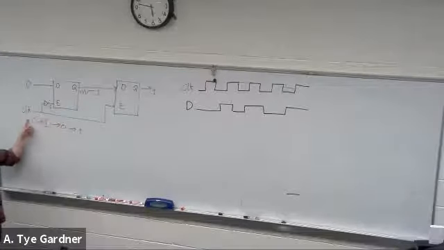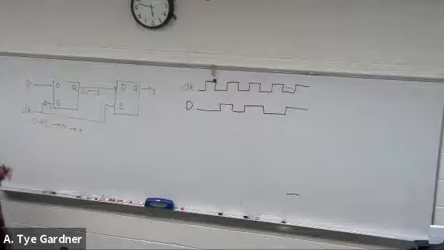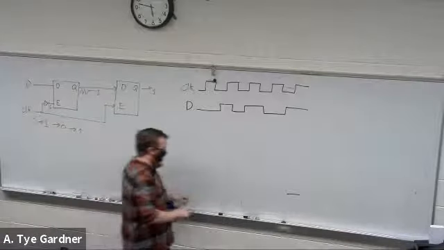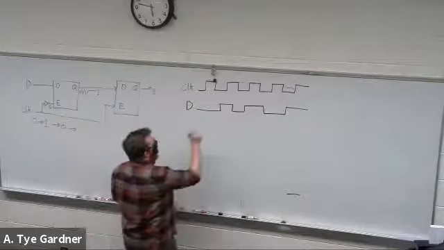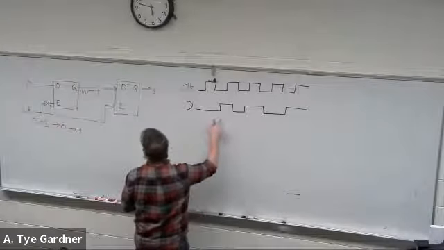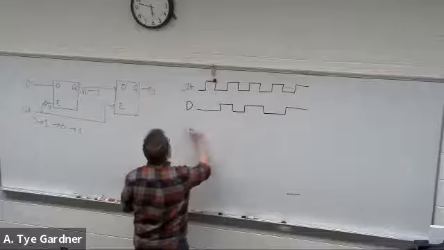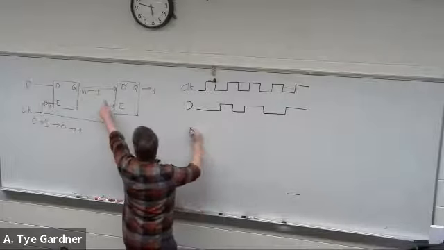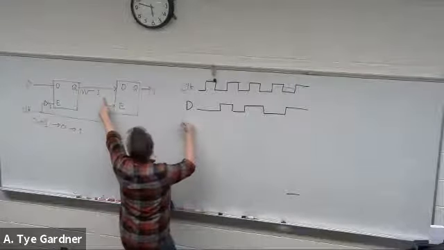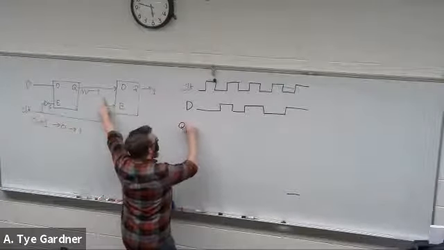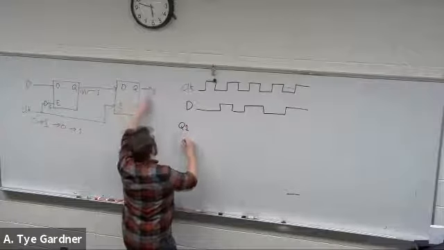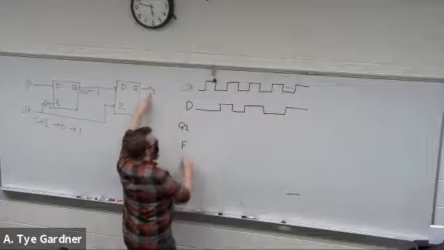Does anyone see why? Does anyone not see why? Does anyone have any questions? Okay, so let's go ahead and take a peek at, in this event, what does, let's call it Q1, and then I'm just going to call this F to differentiate.